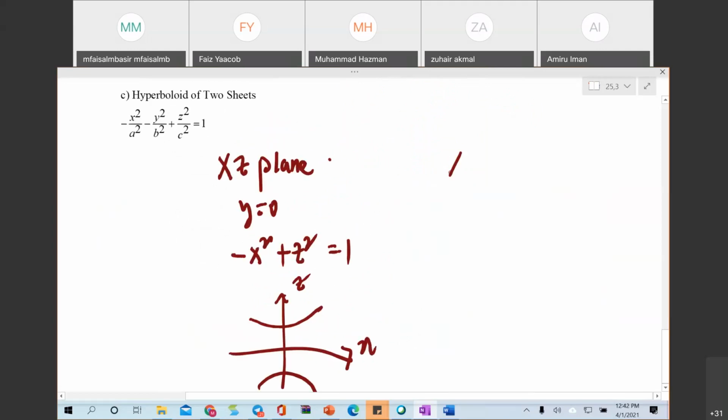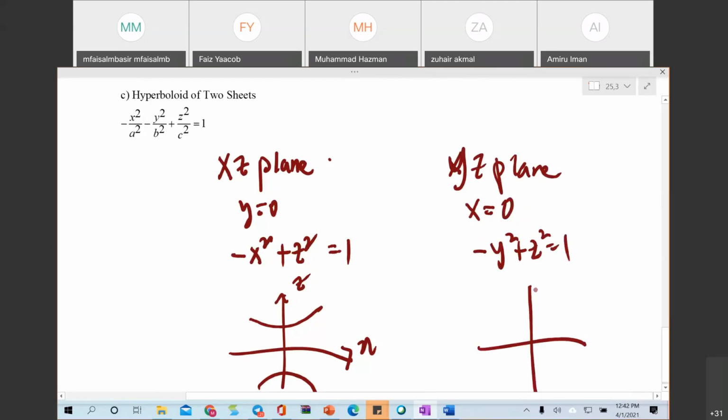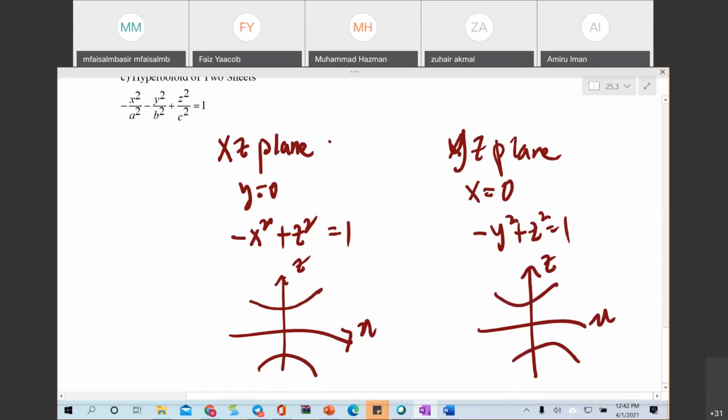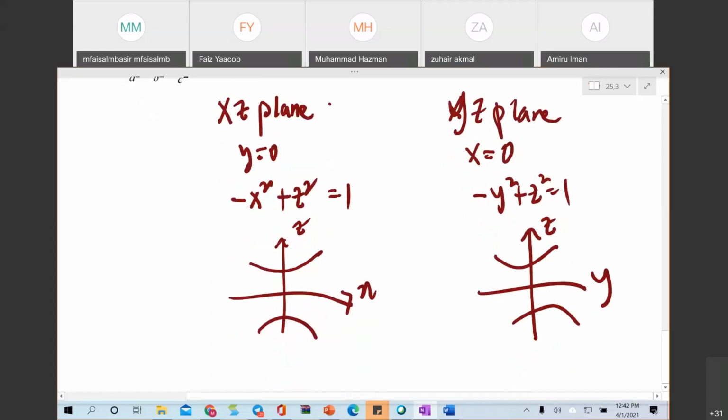When the yz plane, x equals 0: negative y squared plus z squared. See here, there is no touching on x and y. Can you see? There is no touching on x and y.